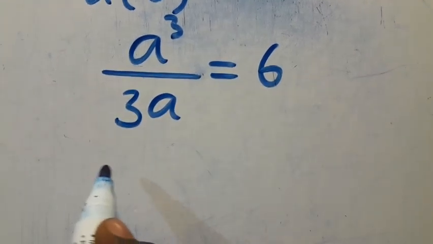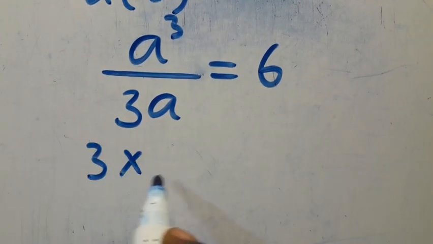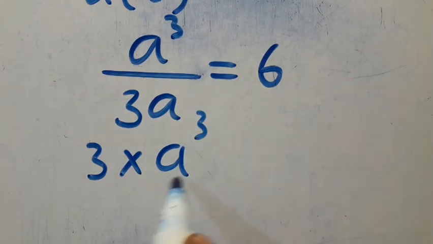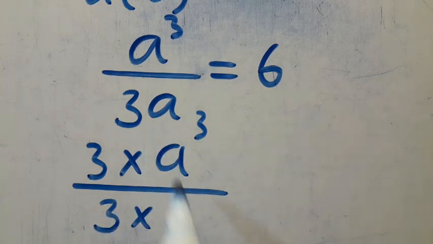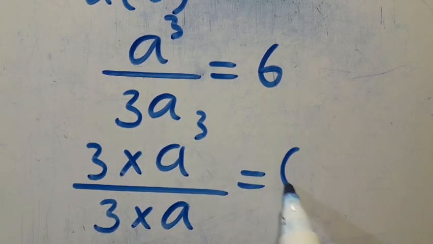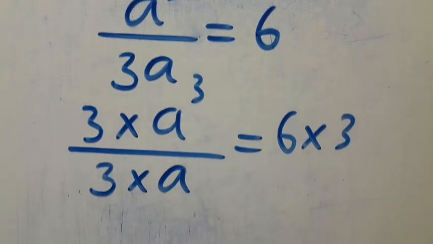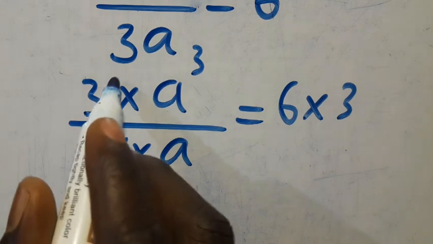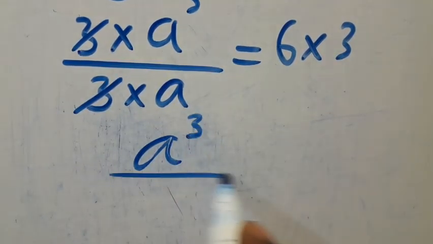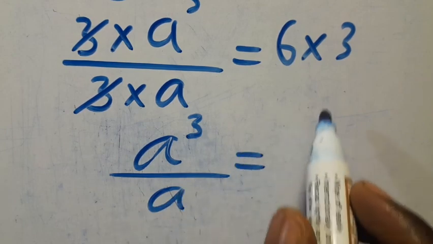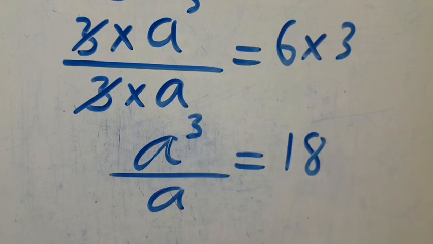Then let's multiply 2 by 3. So we have 3 times A to the power of 3 divided by 3 times A equals 6 times 3. So this and this we cancel out. So we are going to have A to the power of 3 divided by A equals 6 times 3 will give us 18.